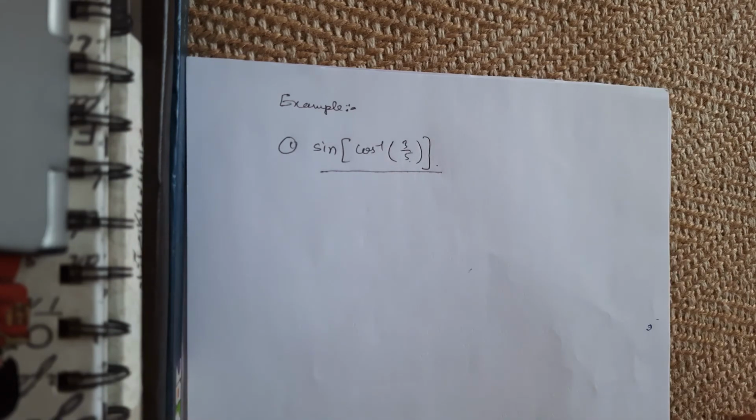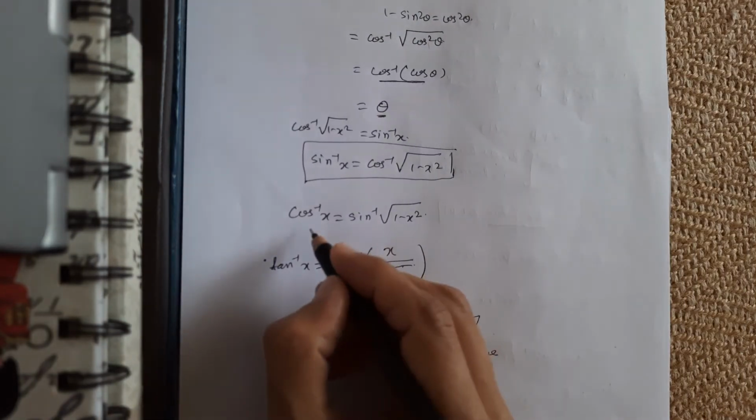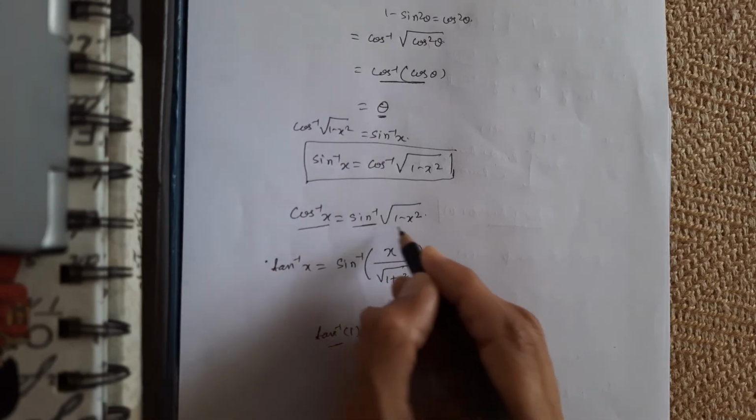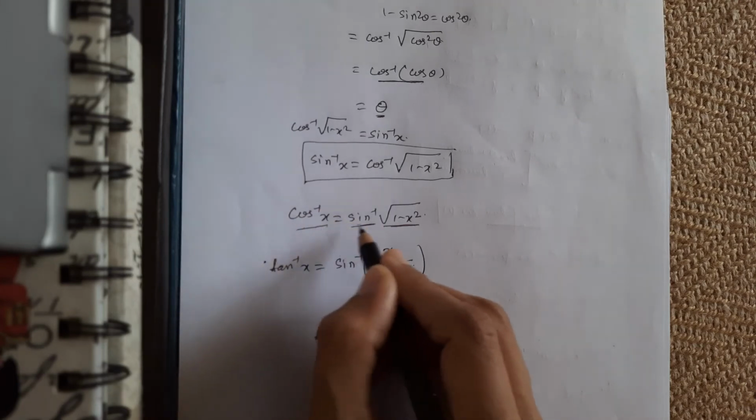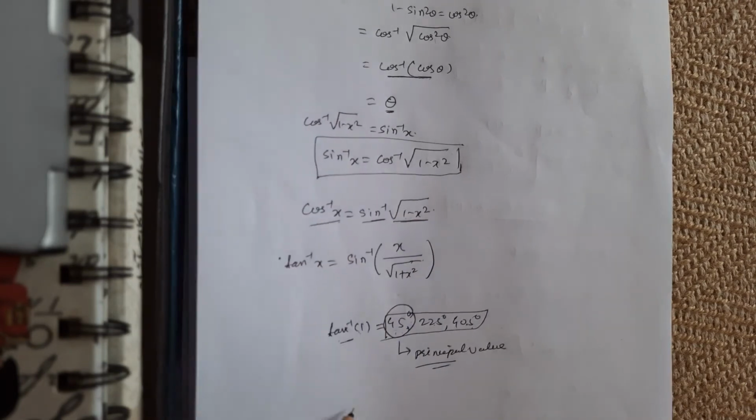Now, I just have to show you the property that cos inverse of x is nothing but sine inverse of root 1 minus x square.